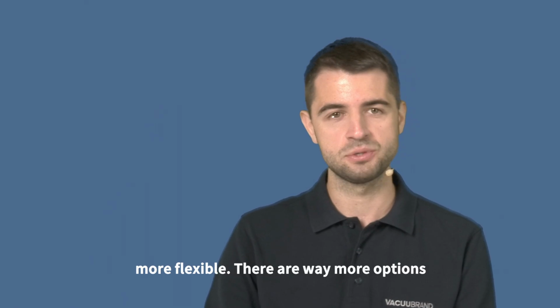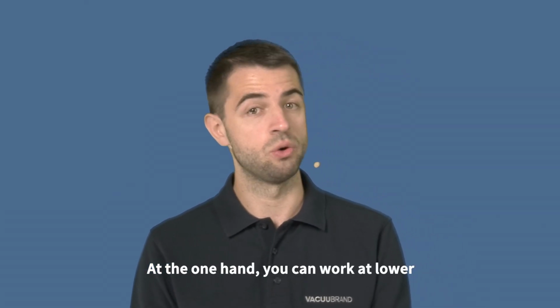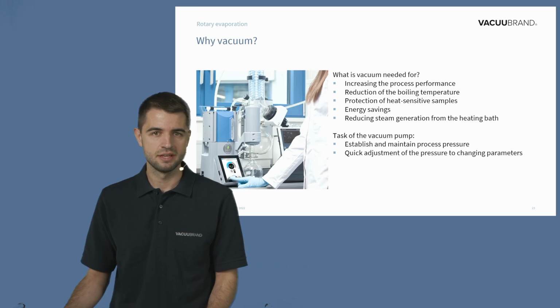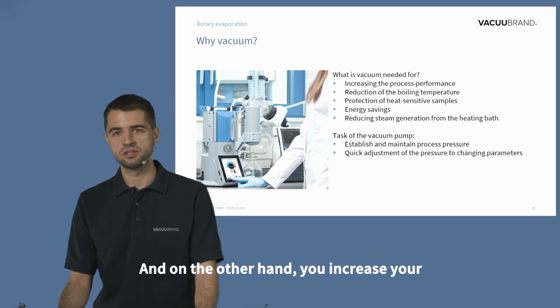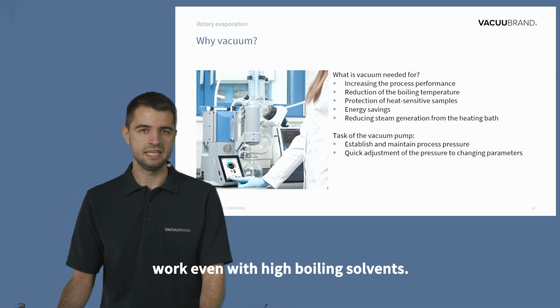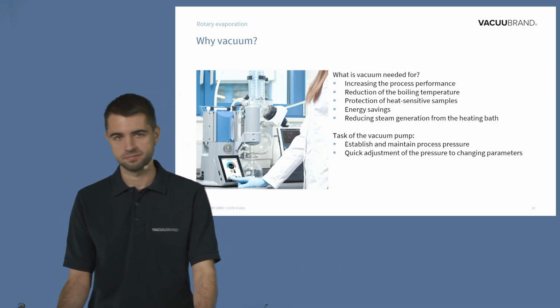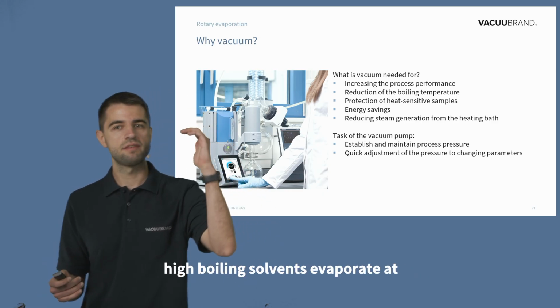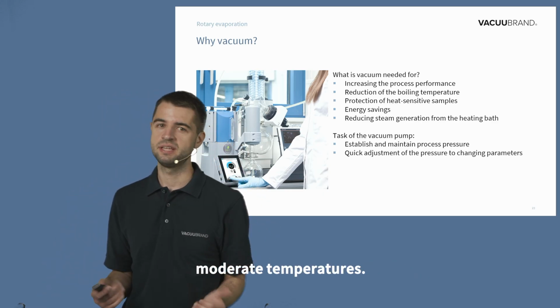There are way more options for your application. On the one hand, you can work at lower temperatures compared to a typical atmospheric distillation. And on the other hand, you increase your application range because now you can work even with high boiling solvents. Because under reduced pressure, those high boiling solvents evaporate at moderate temperatures.